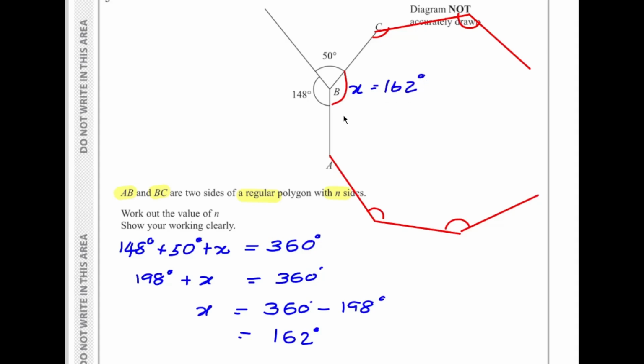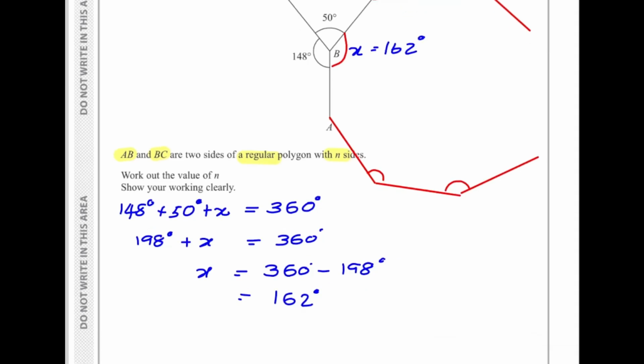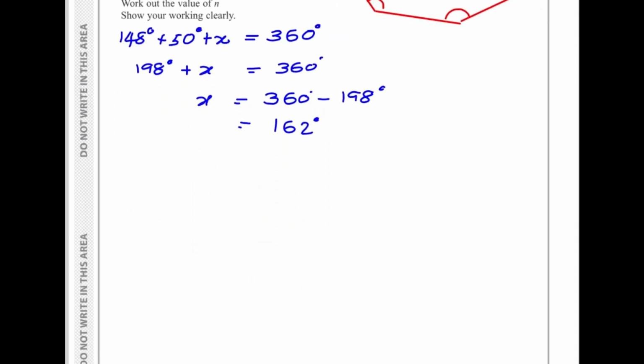Now we have the interior angle. I told you that interior plus exterior add up to 180 degrees. So I can write interior angle plus exterior angle add up to 180 degrees because they form a straight line. I showed you, drawn it and showed you. The interior angle we got as 162 degrees.